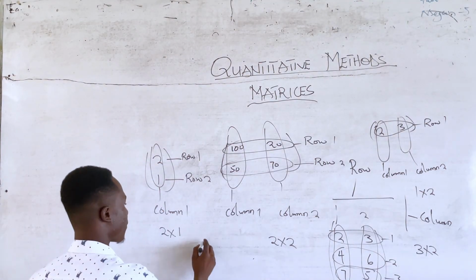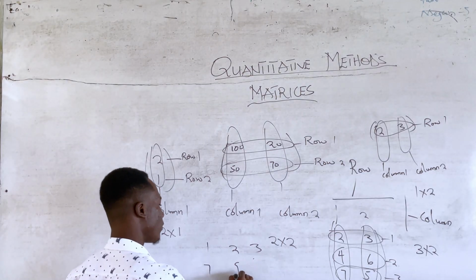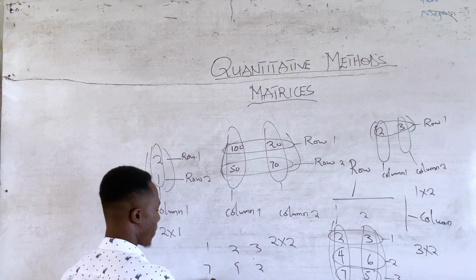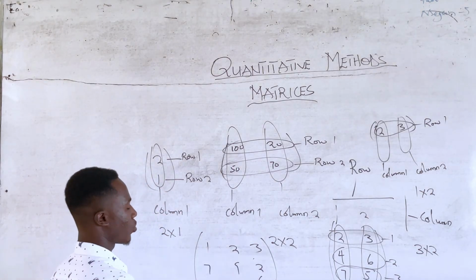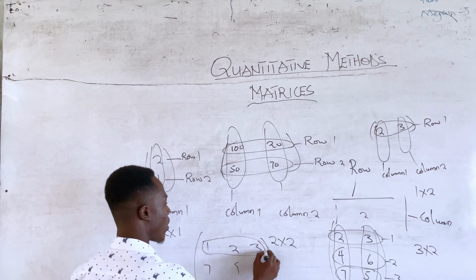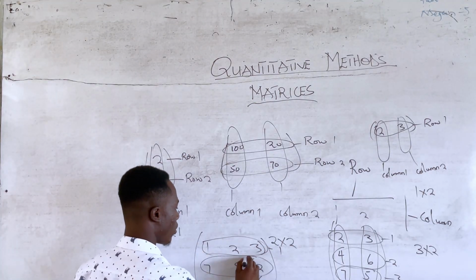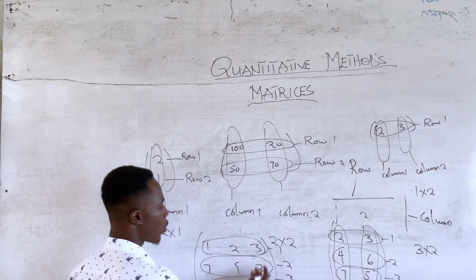And if you get a matrix like this, so this matrix has one row, another row, another row. So you have 3 rows.